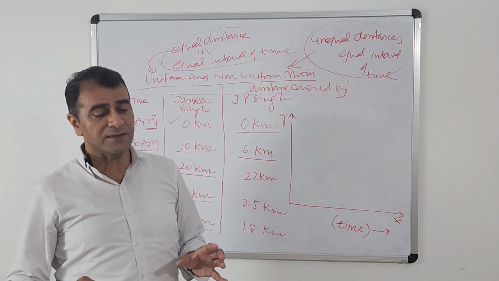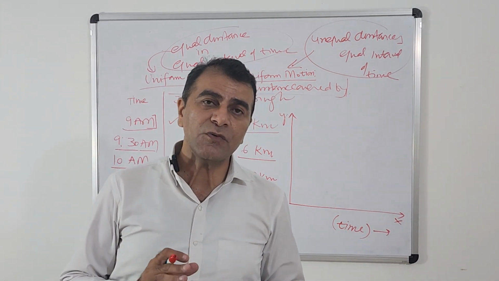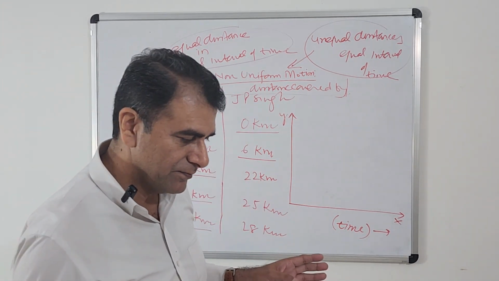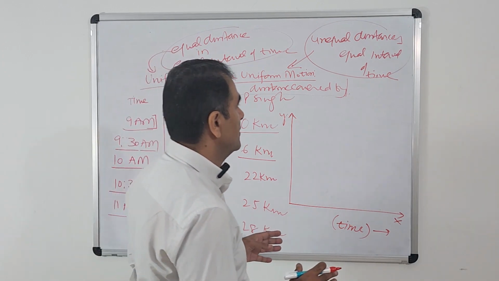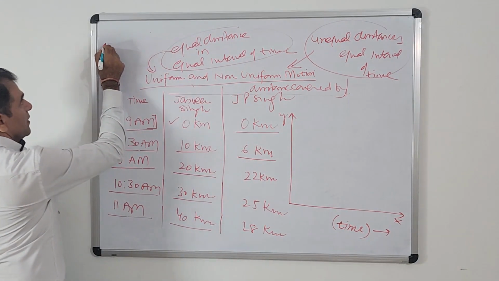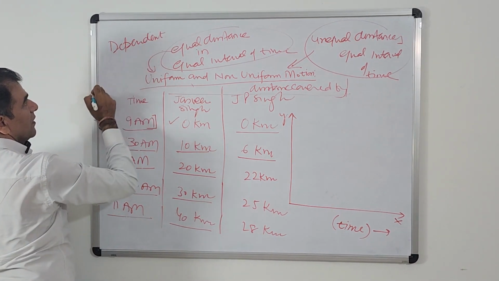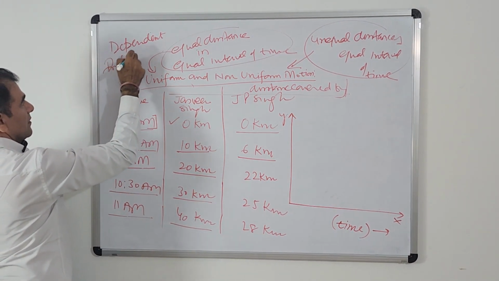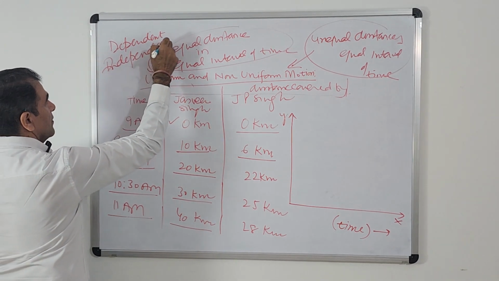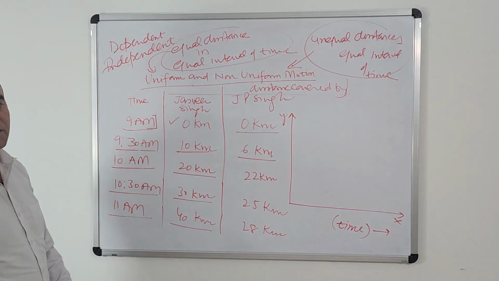My dear students, there are two types of quantities in the whole universe. One quantity is called dependent quantity and the other is called independent quantity. Okay?